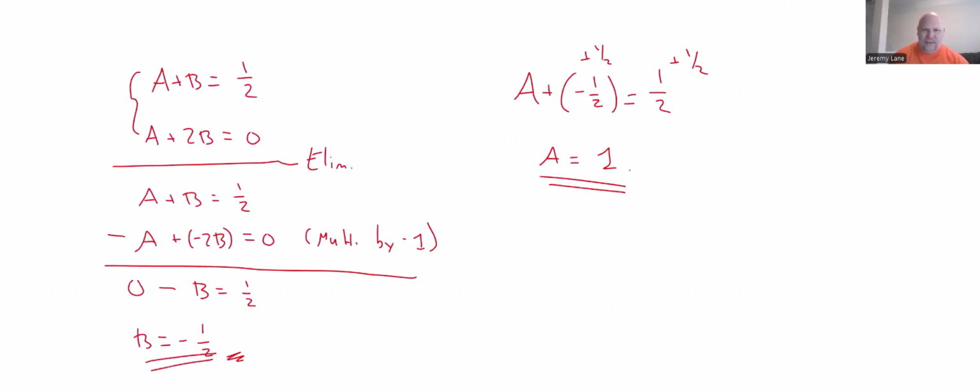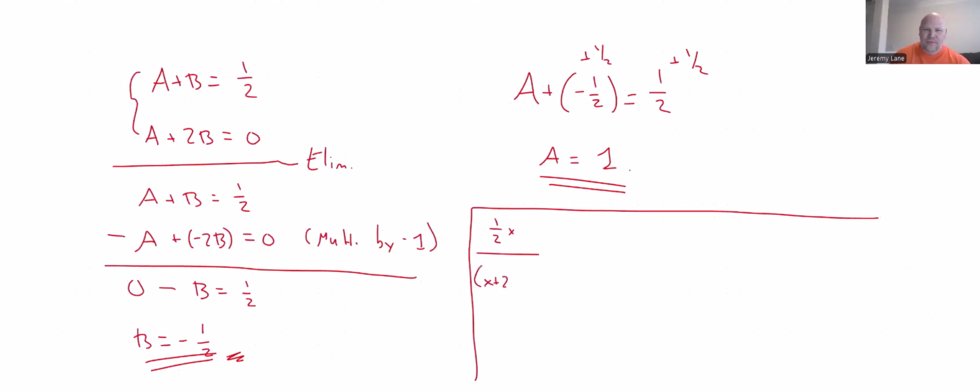So what this says is that 1/2 x over x plus 2 times x plus 1 is going to be equal to 1 over x plus 2 plus -1/2 over x plus 1.